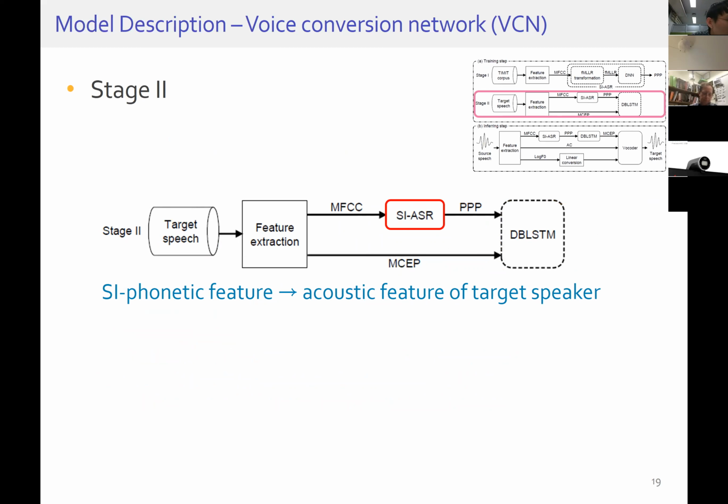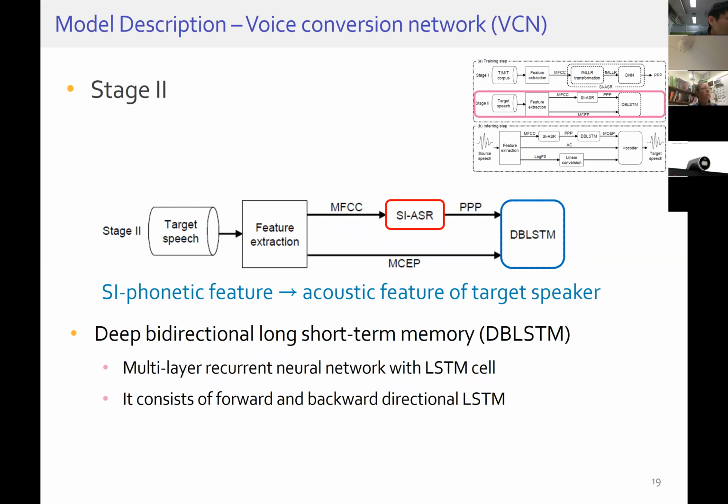At stage 2, DBLSTM is trained to map PPP to the acoustic features of the target speaker. DBLSTM is a sort of RNN. It consists of forward and backward directional LSTM, so it can learn time dependency of sequential data robustly.